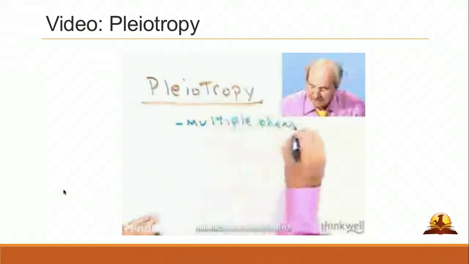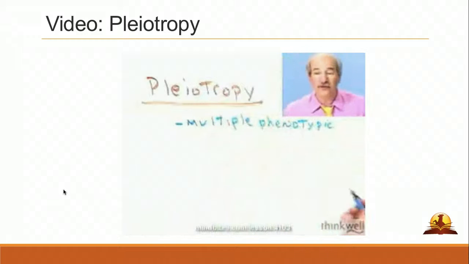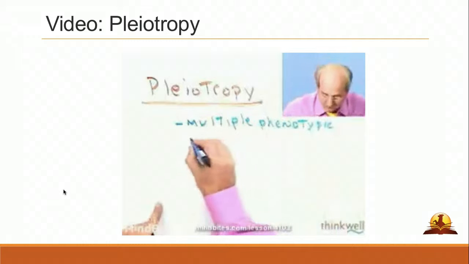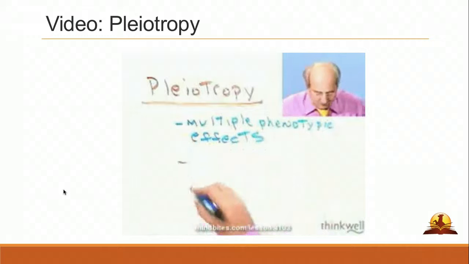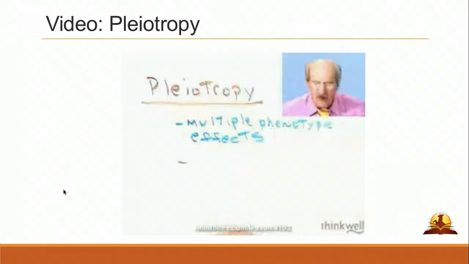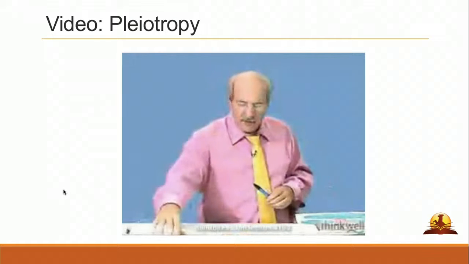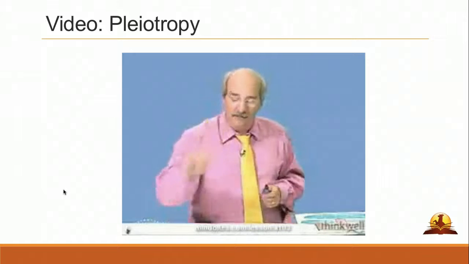And sadly, our best examples of this are in human genetic disorders. Multiple phenotypic effects. And the one I want to use is a human genetic disorder called sickle cell anemia. Sickle cell anemia is a very powerful one to use because it has an unbelievable number of sad effects to those that are completely affected by it.